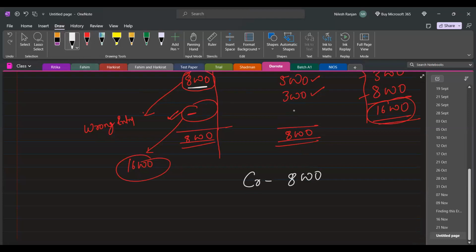And we have written 8,000 on the debit side by mistake, because there should be nothing on the debit side.